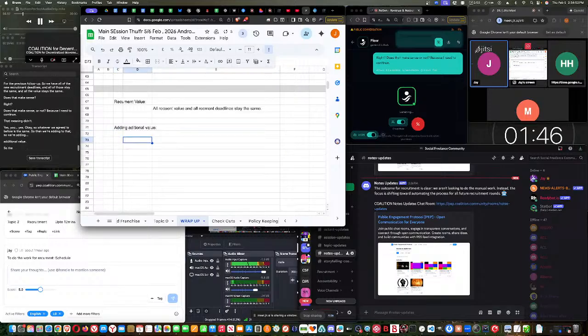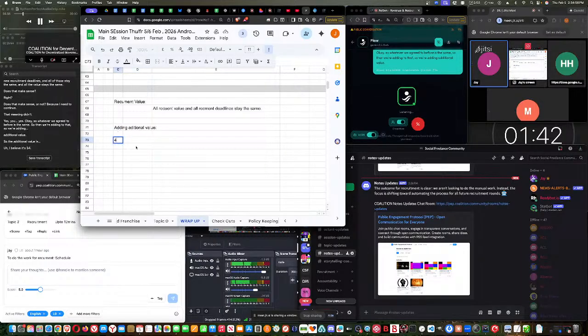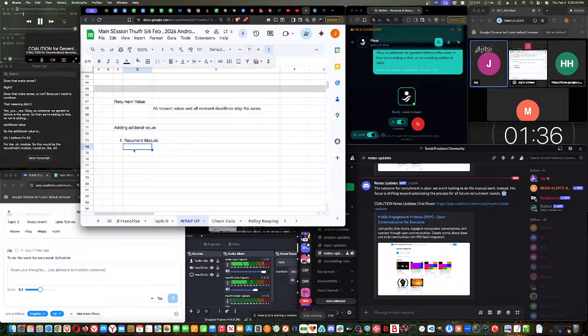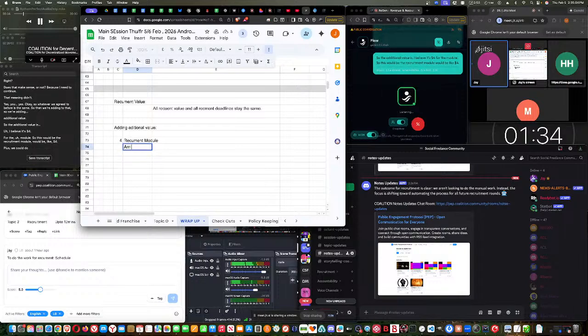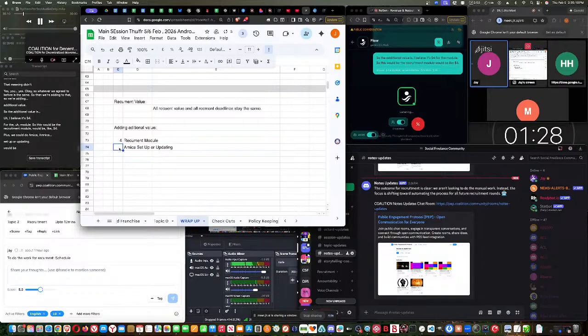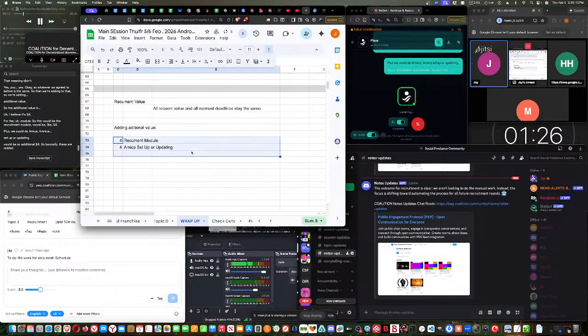So the additional value is, I believe, $4 for the module. So the recruitment module would be like $4. Plus we could do Amica setup or updating, which would be an additional $4. So basically these are related to recruitment.